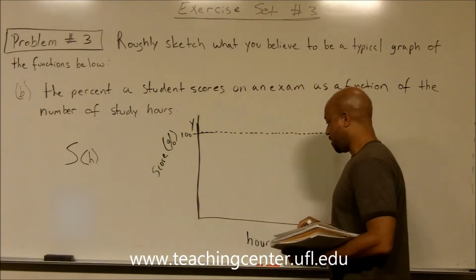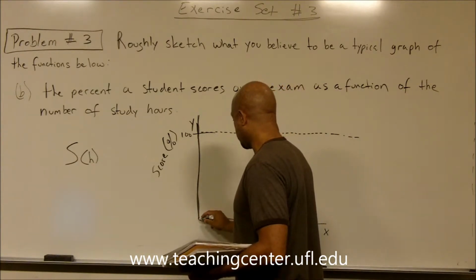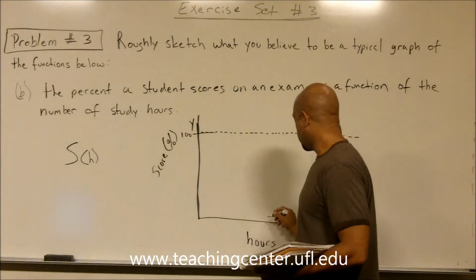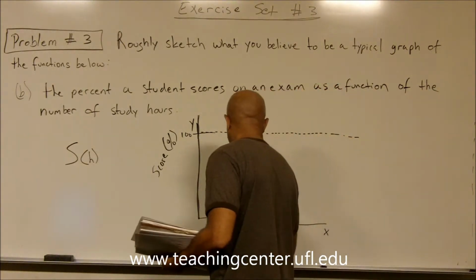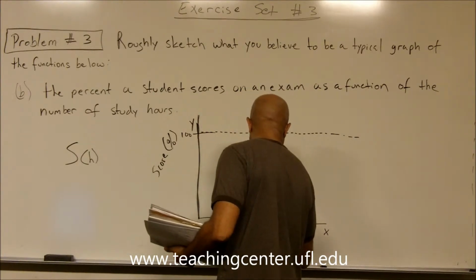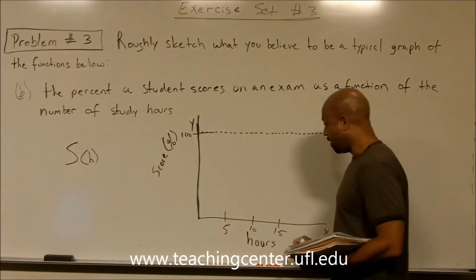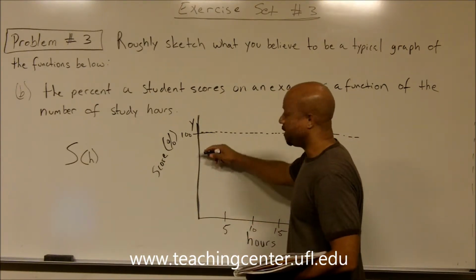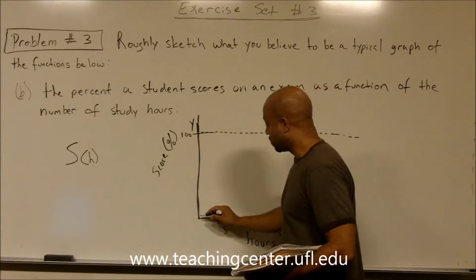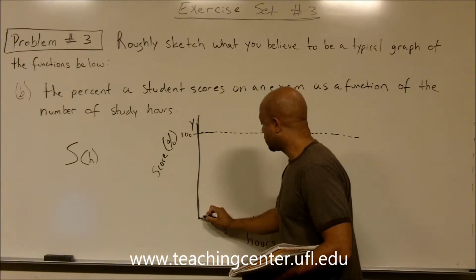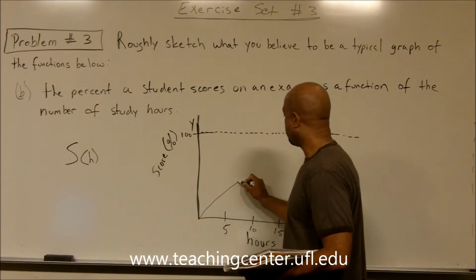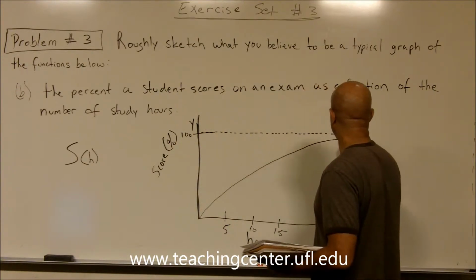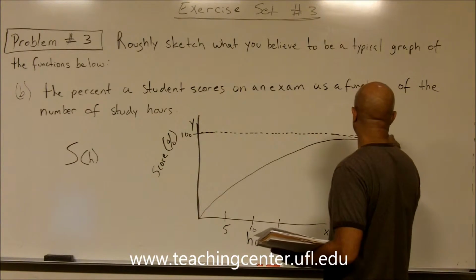We know that if a person studies 0 hours, they're probably going to do worse than a person who studies, let's say, 5, 10, or 15 hours. And as the number of hours studied increases, the score should increase. So we may get a plot that looks something like this, where as the number of hours increases, the score will increase up until we reach 100%.